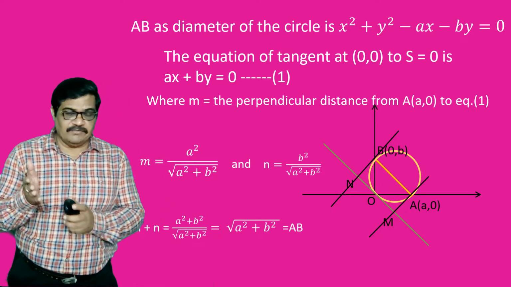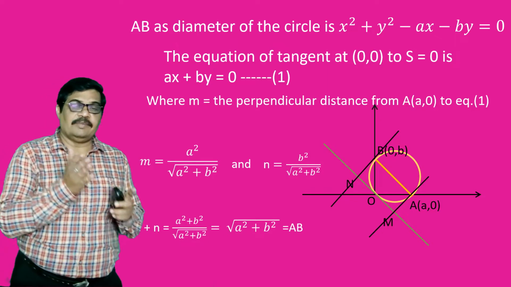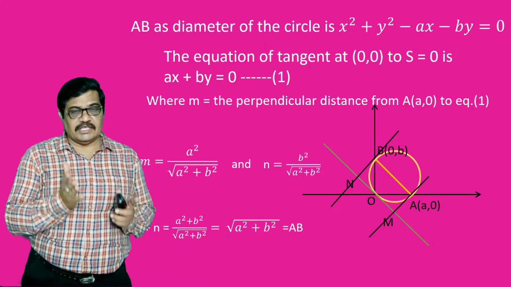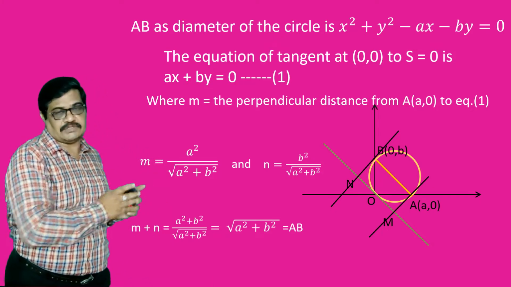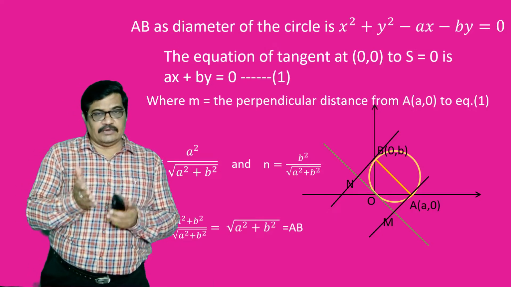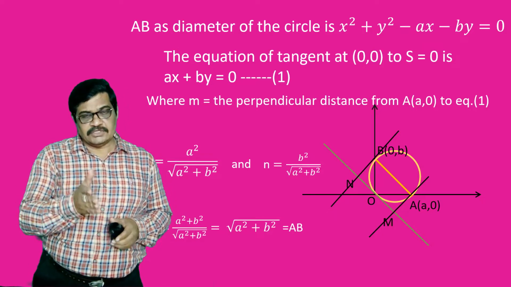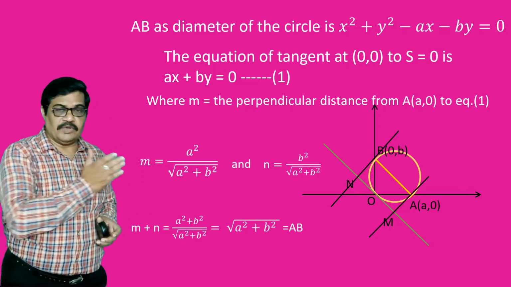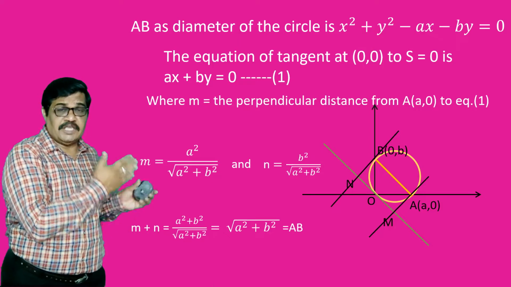What is here? A is a comma 0 and B is 0 comma b. So what is the distance of AB? That is nothing but root of a square plus b square. Okay. So here m plus n is root of a square plus b square. So that is equal to AB. So AB is equal to m plus n. What is the AB here?